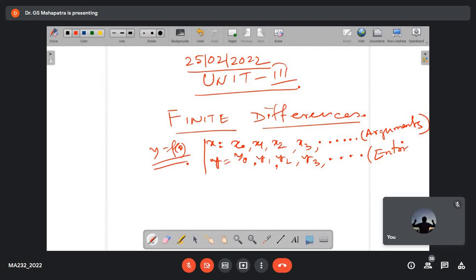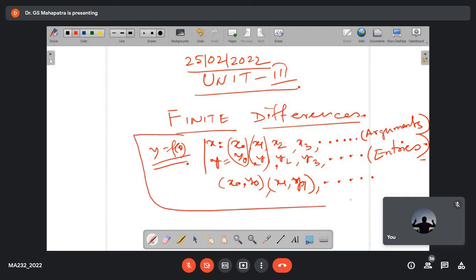Now, if you consider x0 and y0 together, it will be an ordered pair, x0 comma y0. For this one it will be x1 comma y1, and so on. So you can put them in ordered pairs also. This is the basic concept of arguments, that means values of x, and entries, that means values of y.